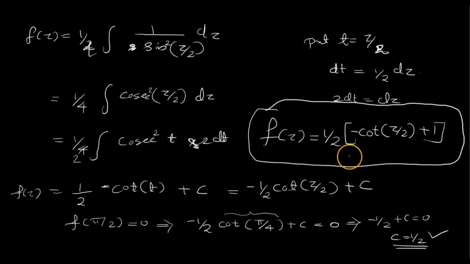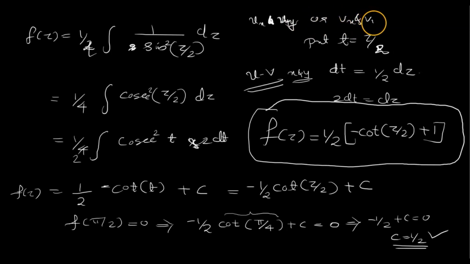So in order to find an analytic function, if we have u or v with us, let's differentiate partially with respect to x and y and find out either ux and uy, or vx and vy, from u or v. Using the CR equation, the Cauchy-Riemann equation, we can find ux and uy or vx and vy.